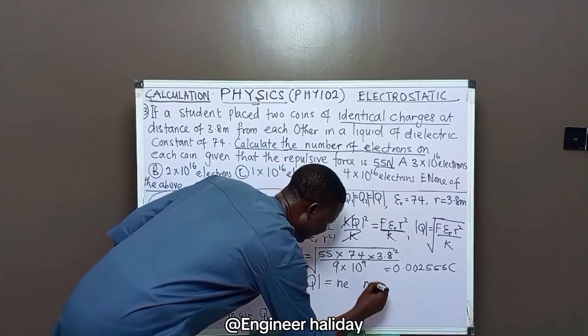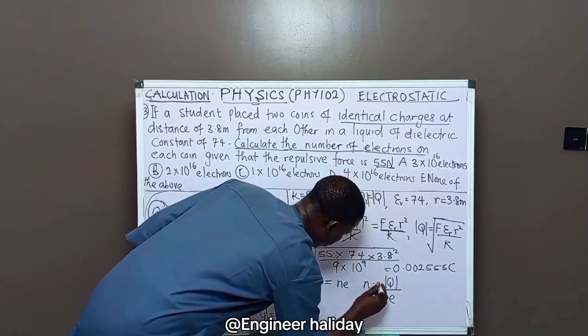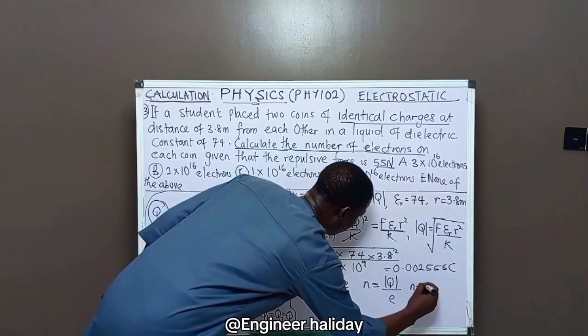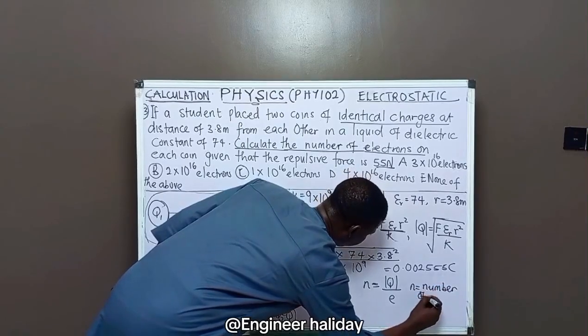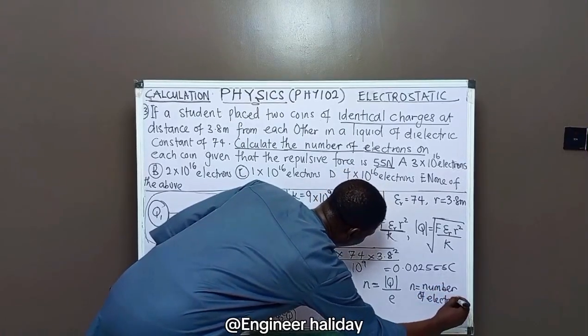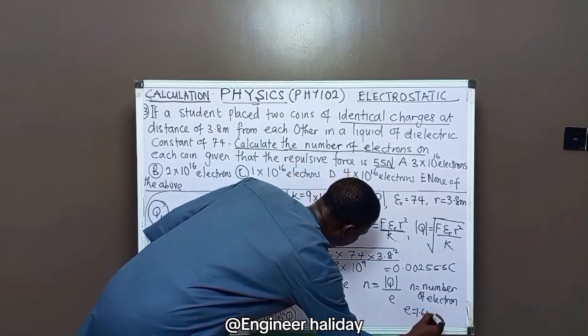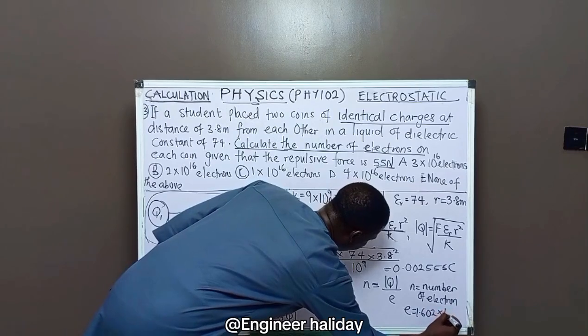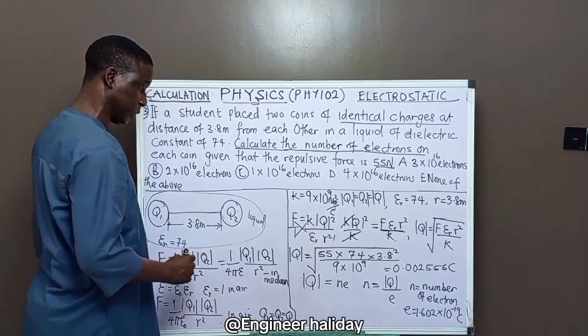So that means N equals the absolute value of Q over E, where N is the number of electrons that we are looking for. And E is the electronic charge, 1.602 times 10 raised to the power minus 19 coulombs.